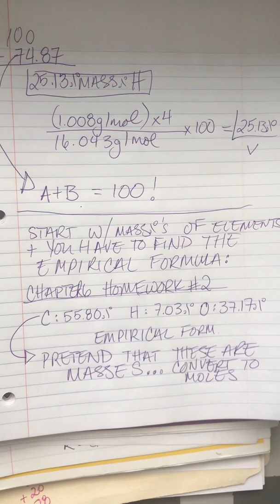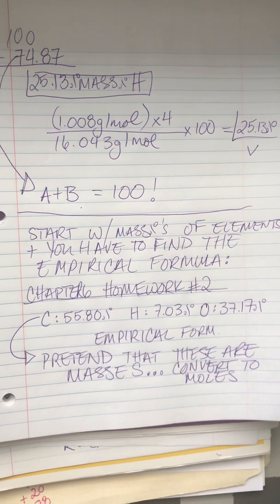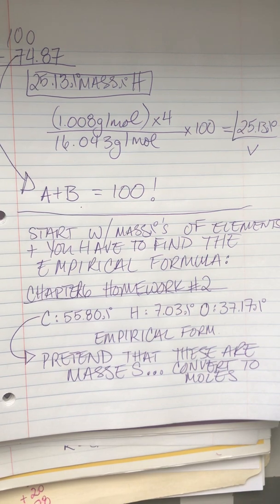I'm going to flip to the next page so that I have room to write my gigantic writing. But that's our first step. Whenever we're looking for an empirical formula and we're starting off with the mass percent of the elements in the formula, we want to just pretend like the percentages are masses.